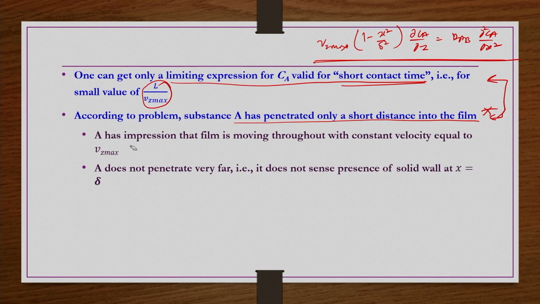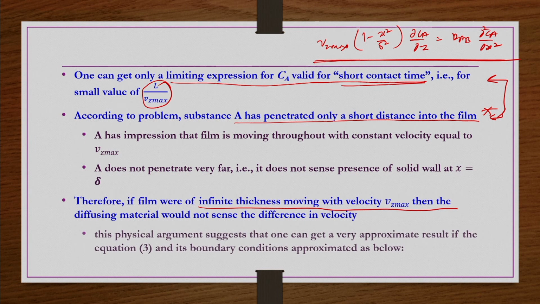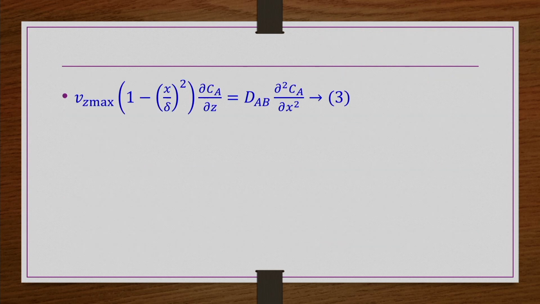So A does not penetrate very far, and it does not sense the presence of the solid wall at x equals delta. Therefore, if the film were of infinite thickness moving with velocity Vz max, the diffusing material would not sense the difference in velocity. This physical argument suggests that one can get a very approximate result if equation 3 and the boundary condition are approximated like this.